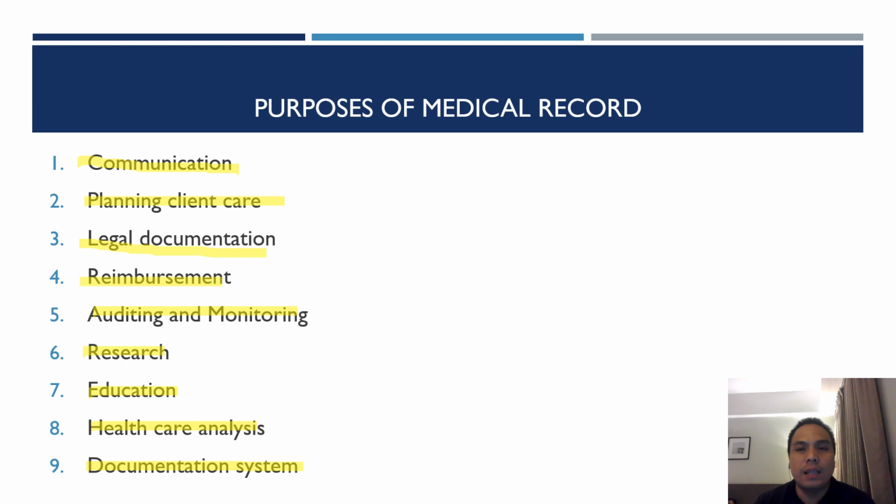So for a facility to obtain payment through Medicare, the client's clinical record must contain the correct diagnosis-related group codes and reveal the appropriate care being given. While in auditing and monitoring, an audit is a review of a client's records for quality assurance purposes. Okay? Another purpose of the medical record is research.